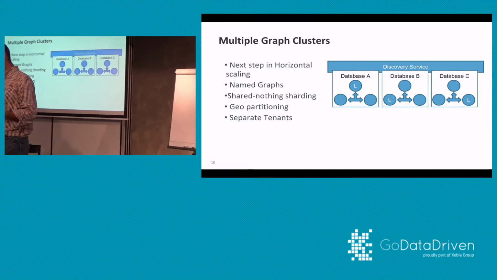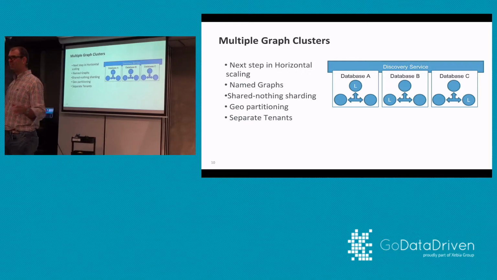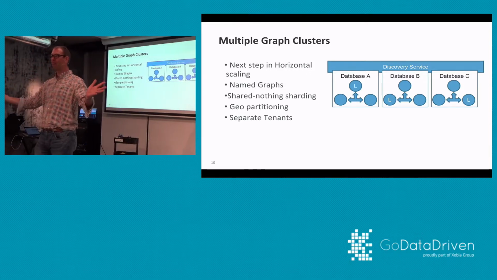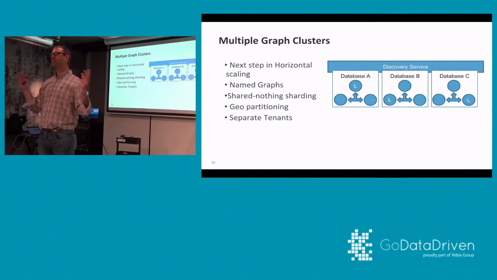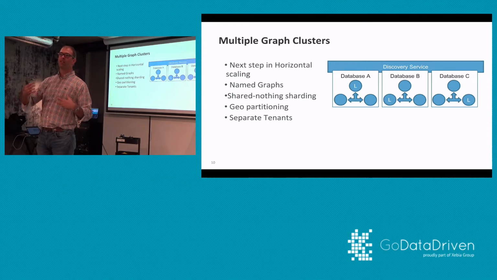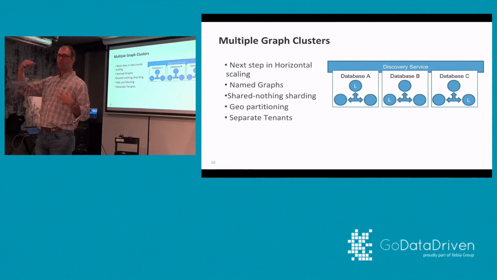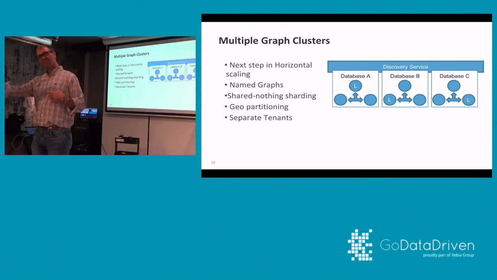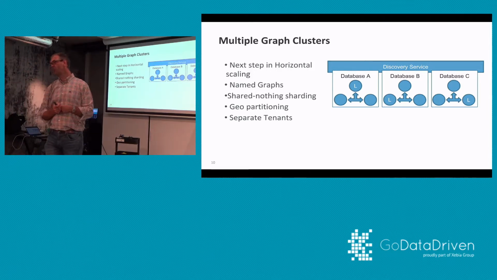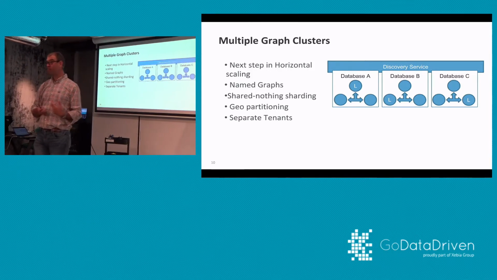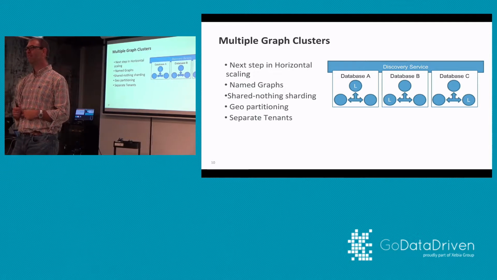We also refer to it as shared nothing sharding, right? So we split the graph into multiple shards, but they don't share anything, and you actually can't go from one part of the graph to the next part of the graph, right? Guess what? The next iteration of this is going to be all about shared something sharding, right?